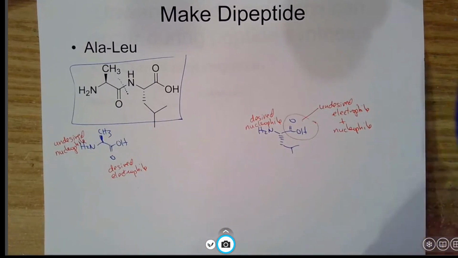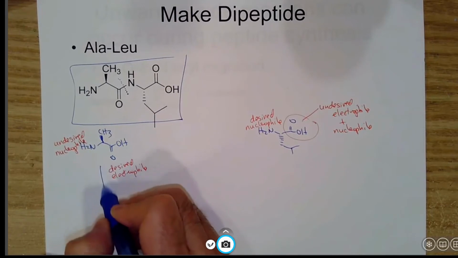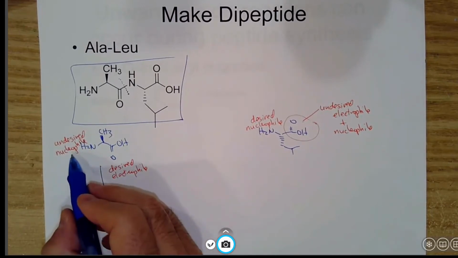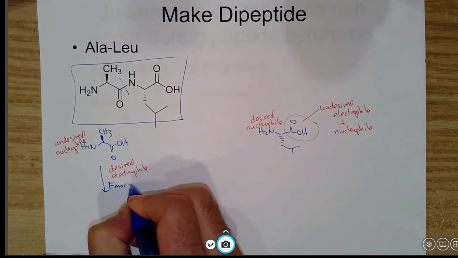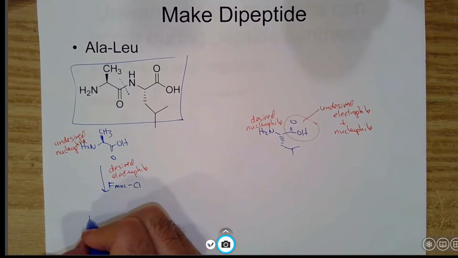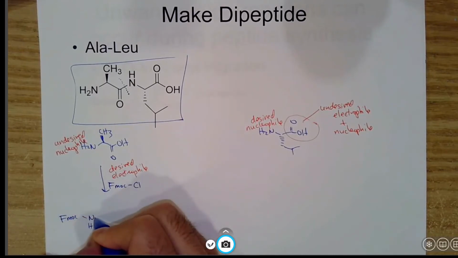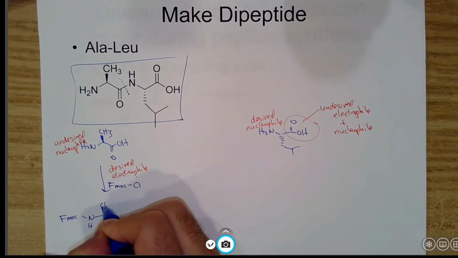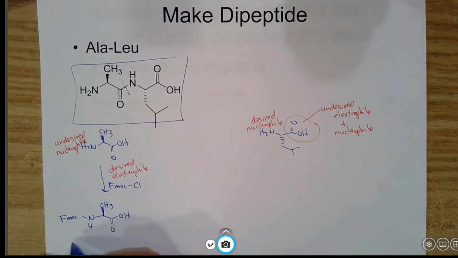Okay, so we want to put these together, and we need to now take, for example, this alanine here and protect the undesired nucleophile. So let's use Fmoc chloride, which we learned in protecting groups, and let's put on that protection of the nitrogen. And so now we have an Fmoc protected alanine.